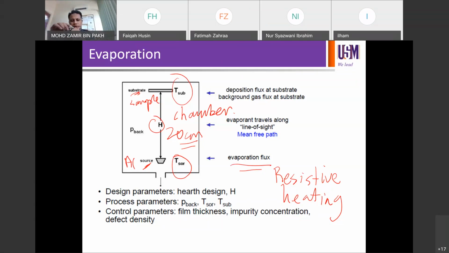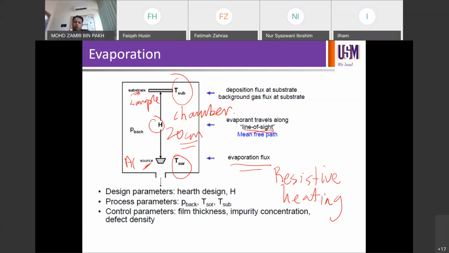And then if you notice in this particular process, the line of deposition from the precursor material up to your sample is just a straight line. Dia tak akan pergi ke area like that. So it's just a straight line. So that's why we call it line of sight deposition. Apa yang straight dia akan deposit.